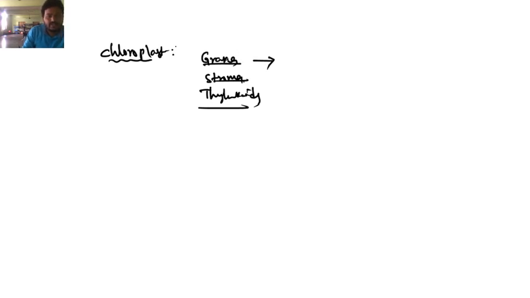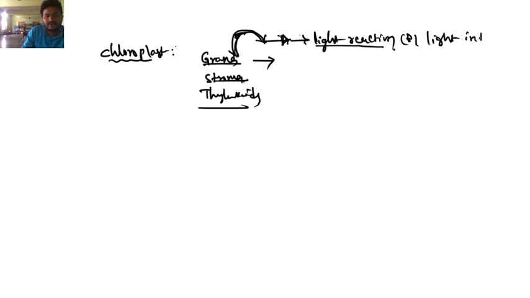The light is trapped in the chloroplast's grana. Several events are seen in grana, like the light reaction, or light dependent reaction.